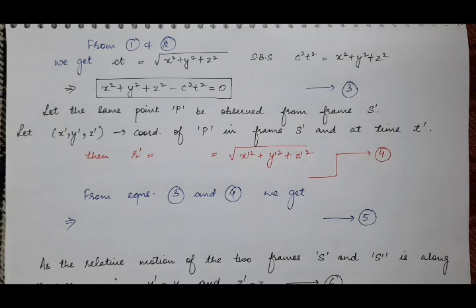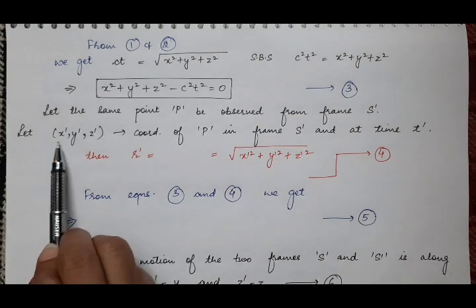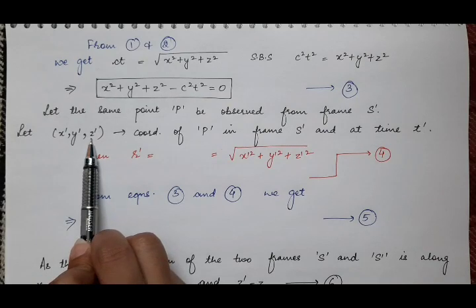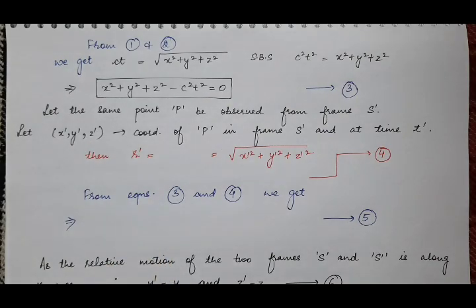Now observe the same point P from frame S dash. When we observe the same point P from frame S dash, the coordinates of the point P will be x dash, y dash, z dash. And the time at which this point P will be obtained in frame S dash will be t dash.